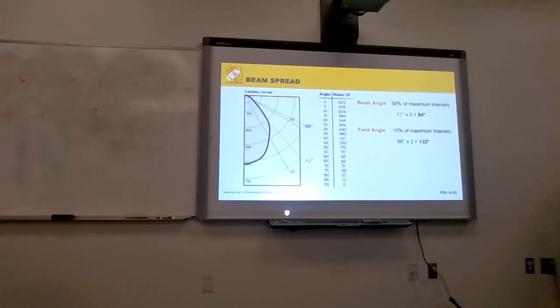Beam angle, 50% of maximum intensity. So at 42 degrees, which they don't really give you, they give you 40 and 45. It's 42 times 2 is equal to 84. Field angle is 10% of maximum intensity, or 66 degrees times 2, 132 degrees.